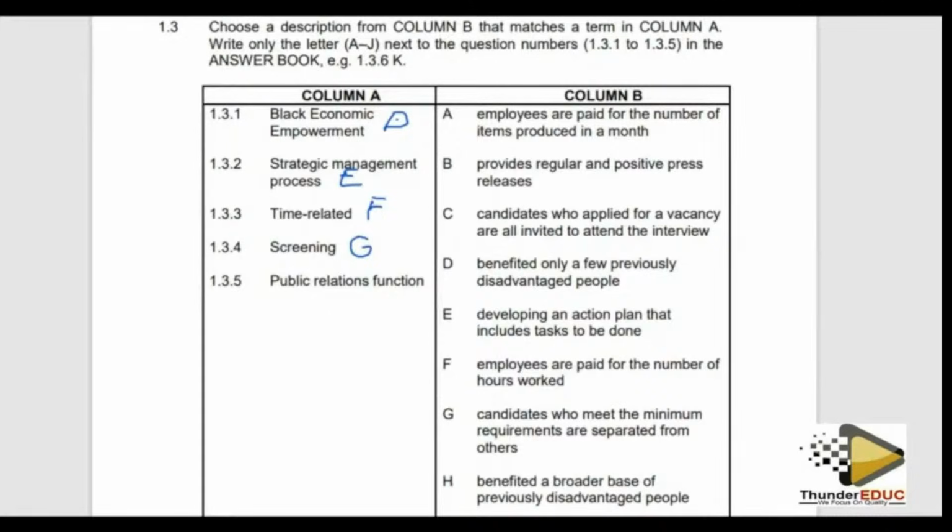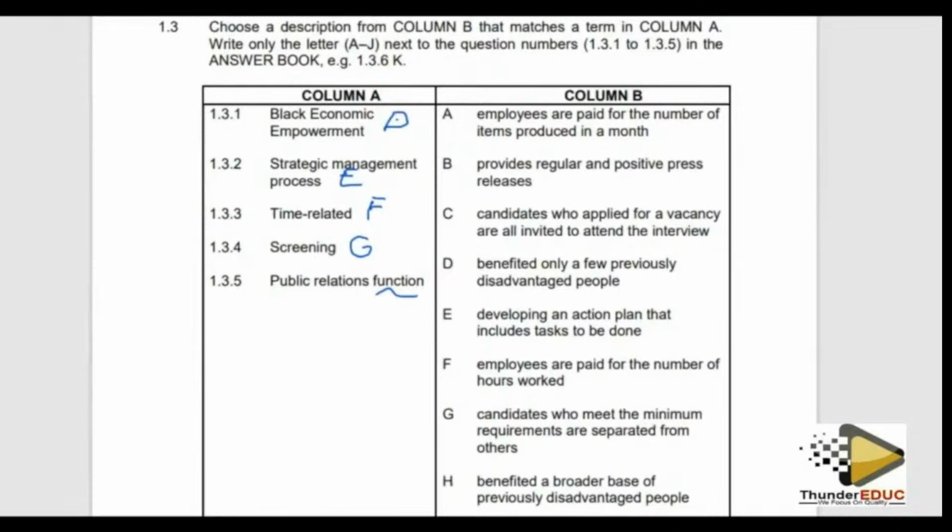1.3.5 addresses the issue of public relations department. When we talk of the function under business studies, normally we refer to the department. Remember, I told you that this is the department that promotes healthier or harmonious relationships between the business as well as the community where that business operates from.